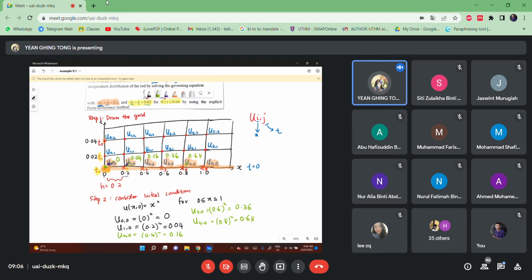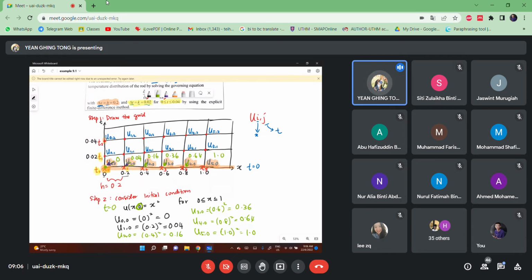Here, this value here, maybe at this point. And then U50 is 1.0 squared, that means 1. So here is 1. So we will get all the value here at t equal to 0.